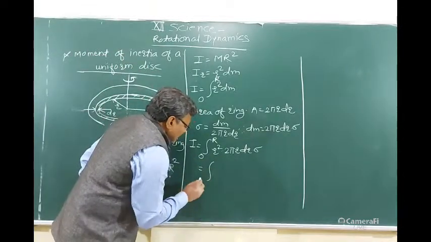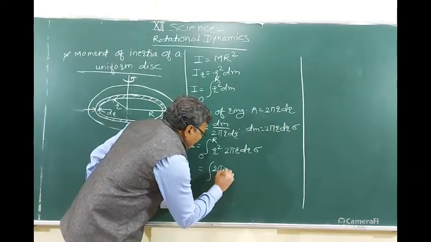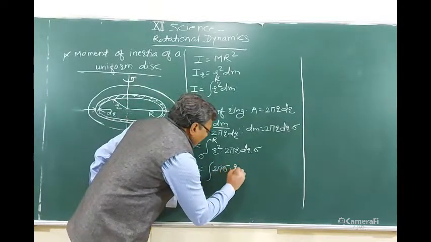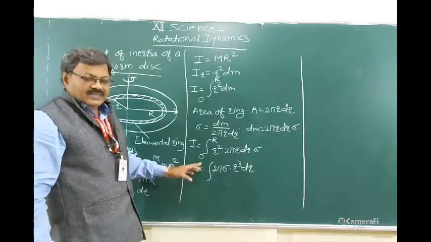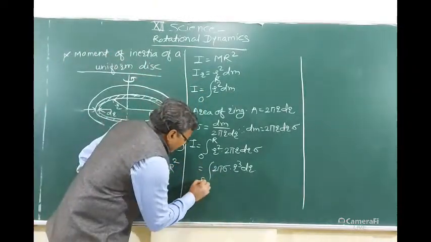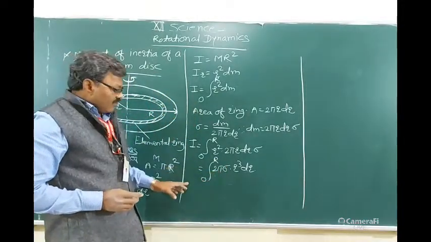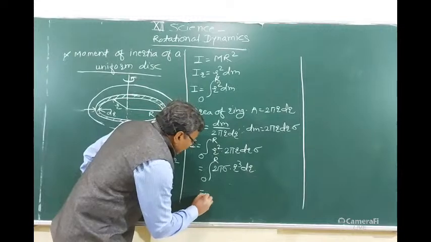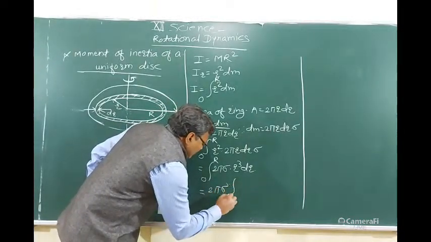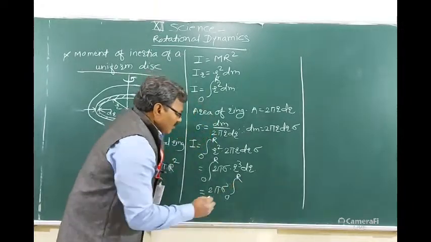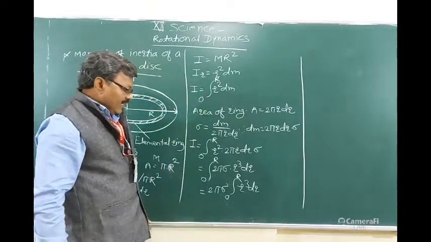Therefore, we get 2 pi sigma into r cube dr. But 2 pi sigma is constant, so we can take this constant out of the integration sign. Now we need the integration of r cube dr.